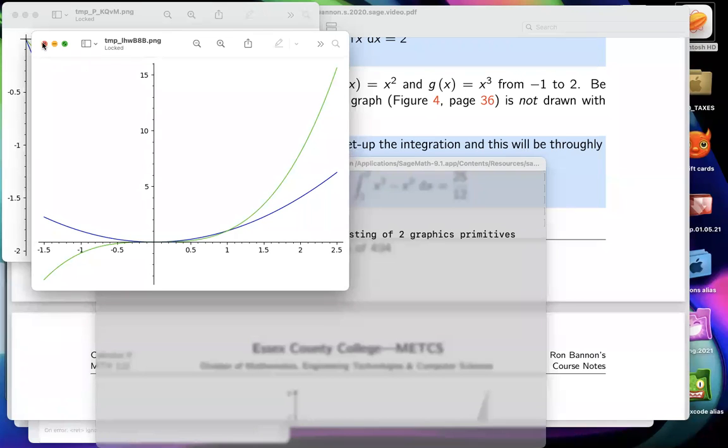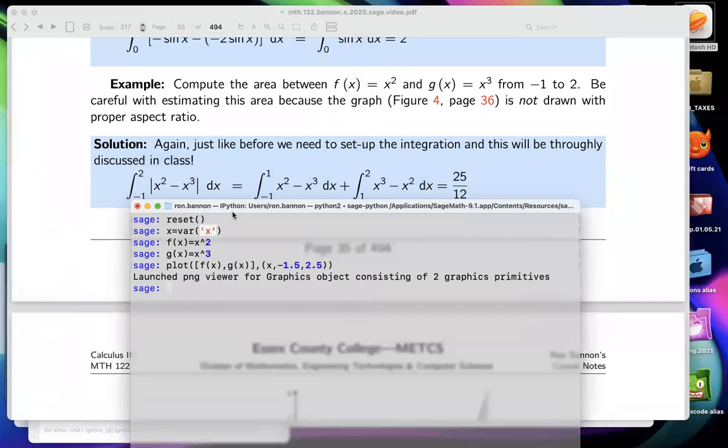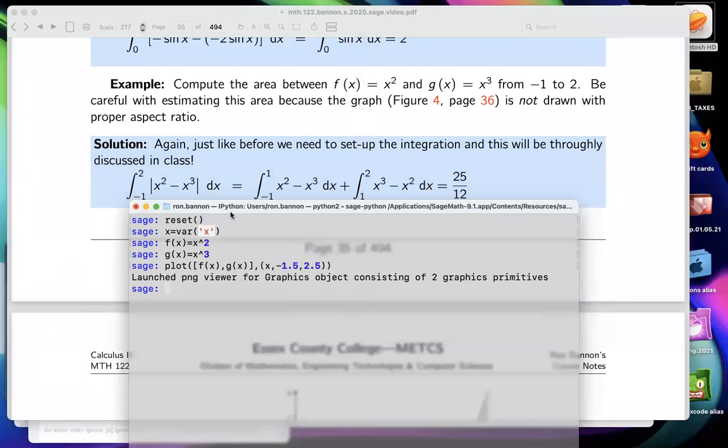And we've done this one in class. I want to close these windows out. And what I'm going to do over here is type in my integration now. So integrate. Whoops. What am I going to integrate? Well, the upper curve, which is x squared, minus the lower curve, which is x cubed.